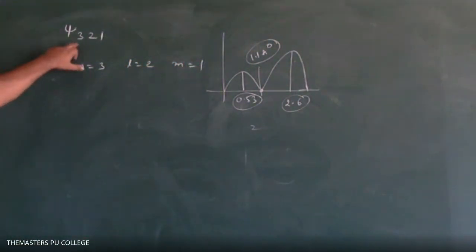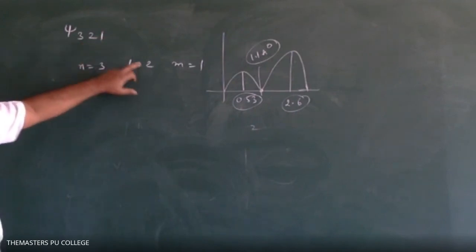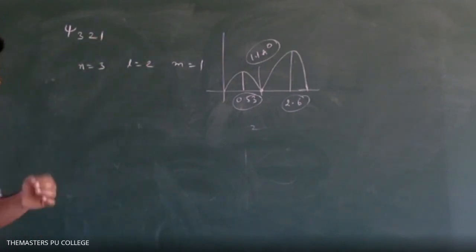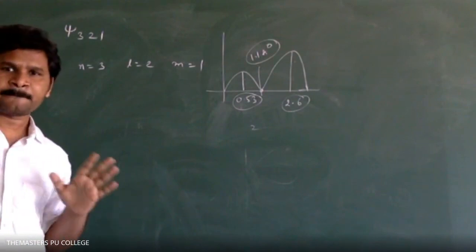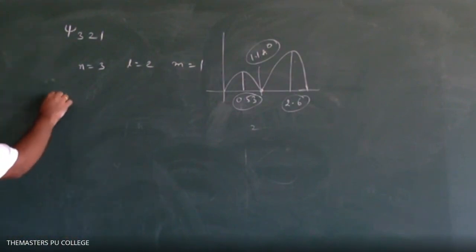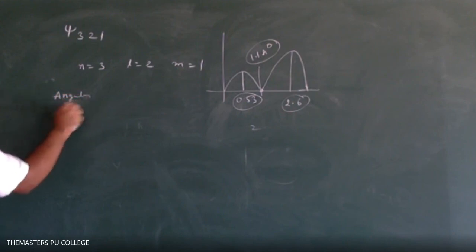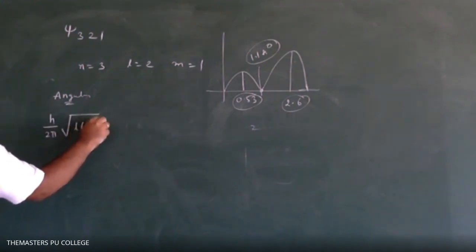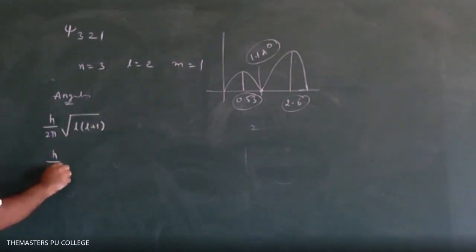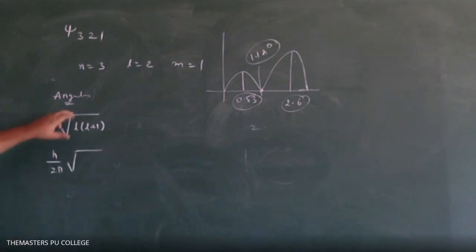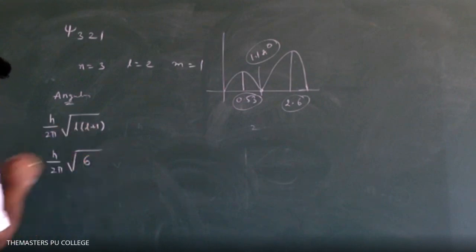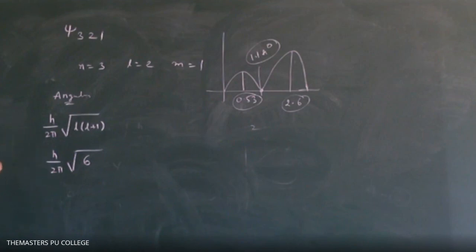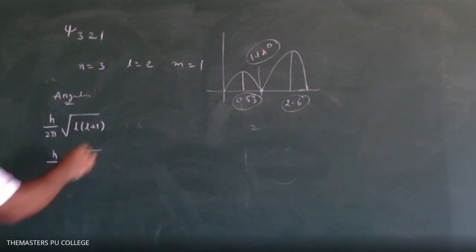The first value indicates principal, the second azimuthal, and the third magnetic. Here the angular momentum formula is h by 2 pi root of l into l plus 1. With l equal to 2, that is 2 into 3, which is 6, so the angular momentum is h by 2 pi root 6.